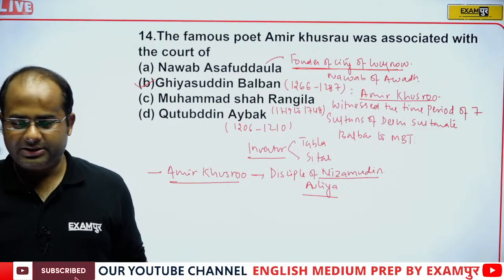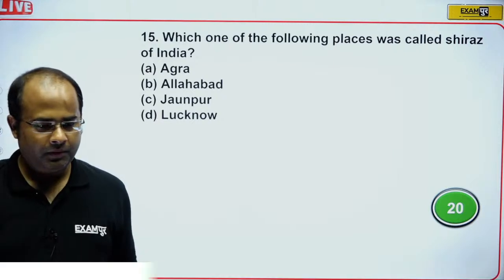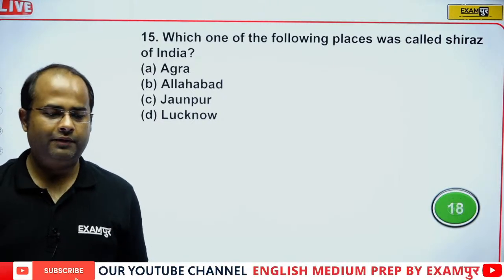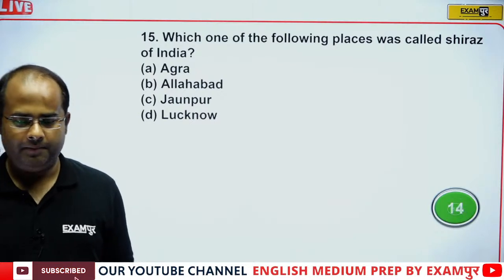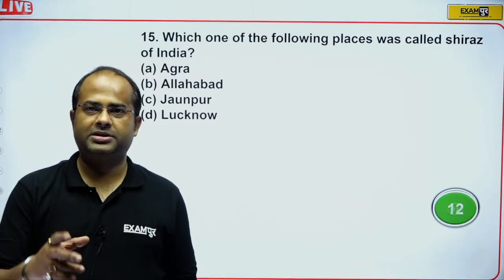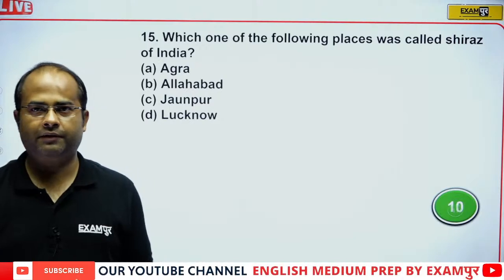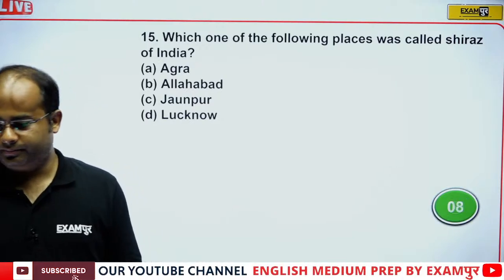Okay, now guys, let's move to the next question. Next question we have: which of the following places is called Shiraz of India? So out of these four places, which place is called Shiraz of India or Shiraz-e-Hind?